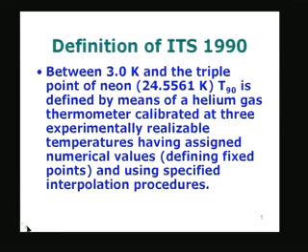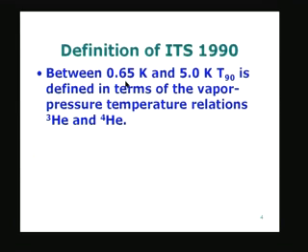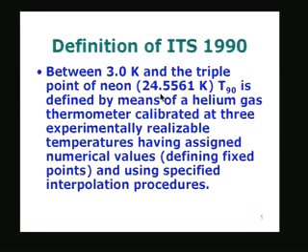Actually, you will see if you go back to the previous one, 0.65 to 5, and here we have 3 to 24. Therefore, there is an overlap between the two. That means that I can calibrate this with respect to the other one by using this overlap, which is going to cover the two ranges in a certain portion.